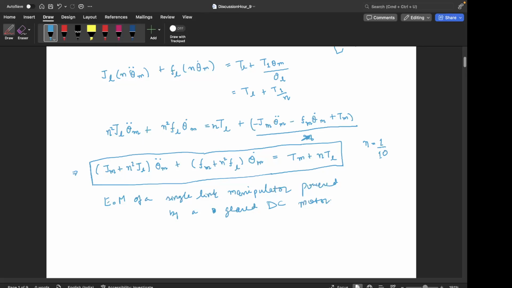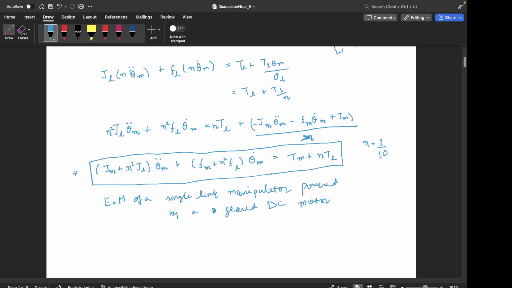So let's say the inertia of the load side, that is the link and the gear 2, is increased 10 times, and the speed reduction is 1 by 10, then it will be changing by 10 by 100, right?